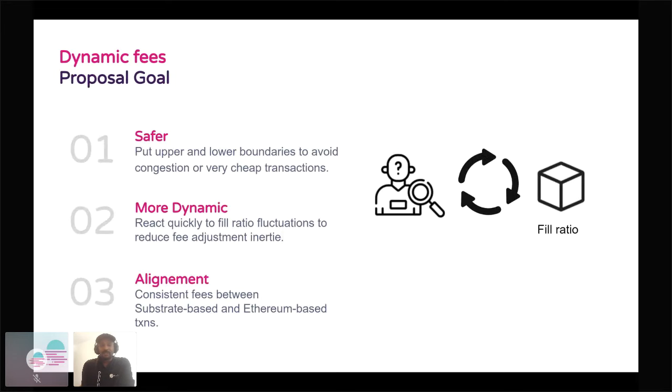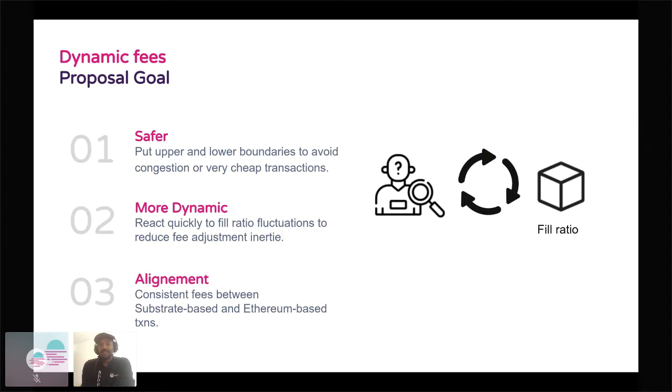So basically, this proposal's goal is to make it safer because we are also putting some upper and lower boundaries to make sure that we don't end up with transactions that are costing nothing, so they are free. Because as I mentioned at the beginning, you can see the blockchain as a company. And I like this example because it's easier to understand the flow of incentives.